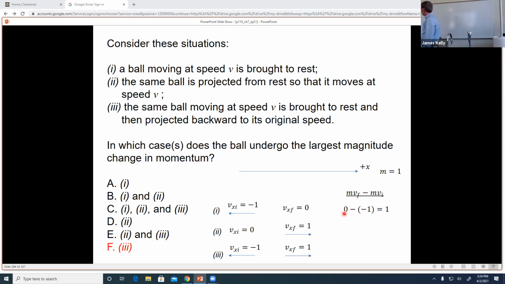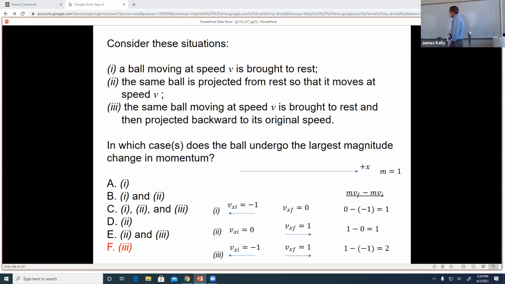In case 1, v final is 0 minus v initial is -1, and therefore I get +1. We throw away the sign, and we still get +1. In the second case, v final is 1 minus v initial, which is 0, so the change in momentum is 1. There's no sign to throw away. Third case, v final is 1, v initial is -1. When I subtract off v initial, I get 2. They add together.